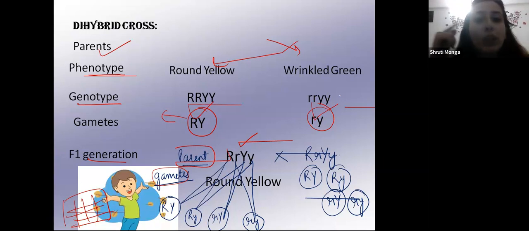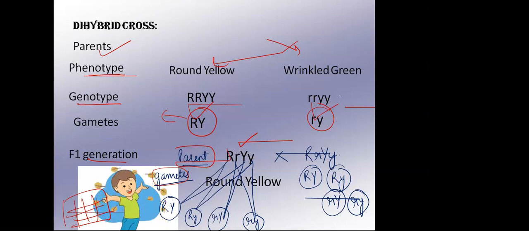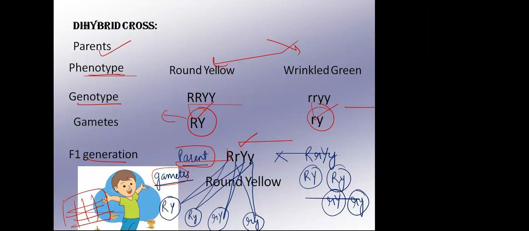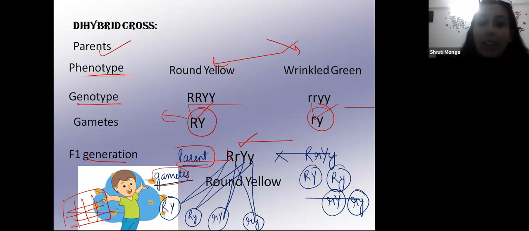Round got a new friend. What new friend? Round got combined with a new friend. What new friend? See the gametes. See these four gametes.